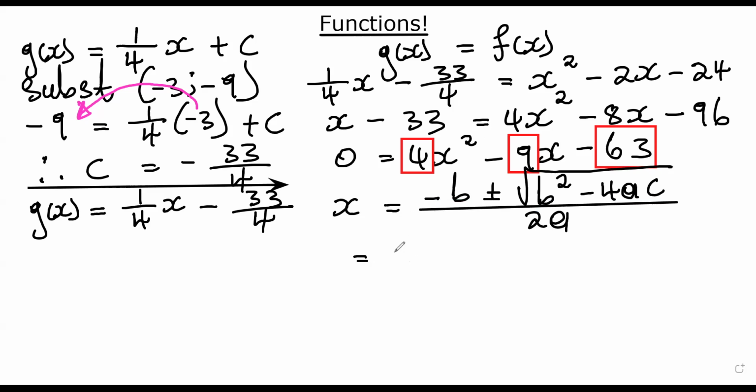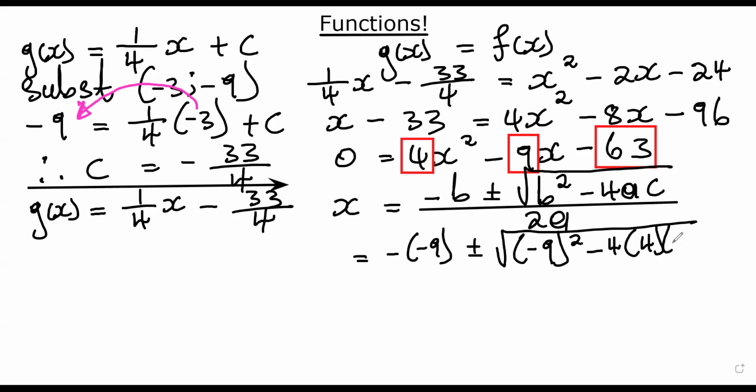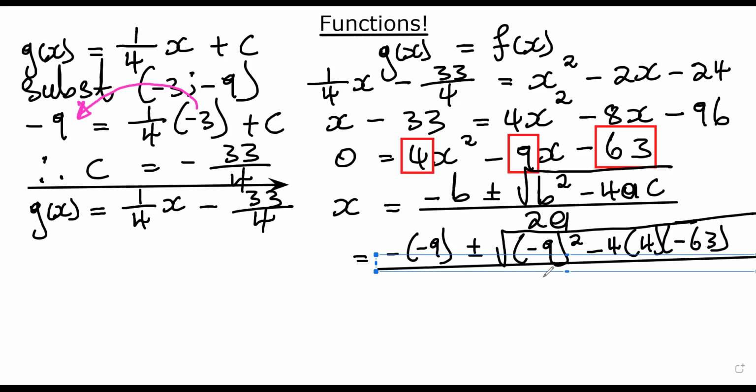So the value of b is negative 9. And then you say, well, you have negative 9 squared minus 4 times 4. And then c is negative 63. And then you say the whole thing is divided by 2 times 4. So that's what you say. So here you get a positive 9. And then you go to your calculator and say negative 9 squared minus 4 times 4 times negative 63.